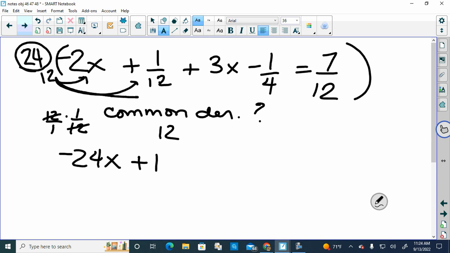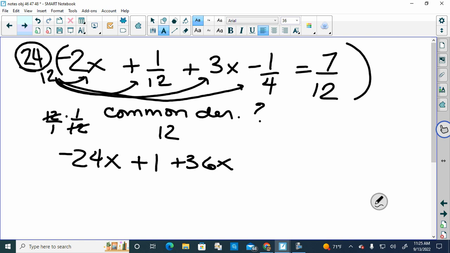Now I'm distributing the 12 to the 3x. So 12 times 3x is going to be 36x. Good. Now when I distribute to here, the 4 goes into the 12 how many times? 3. So it's really 3 that I'm distributing to whatever's left as the numerator.